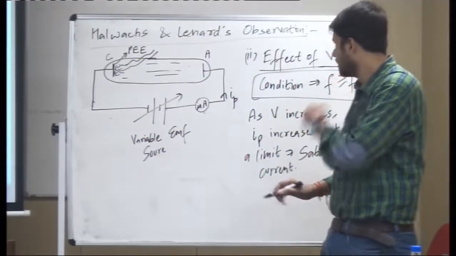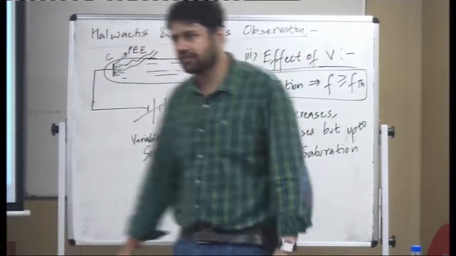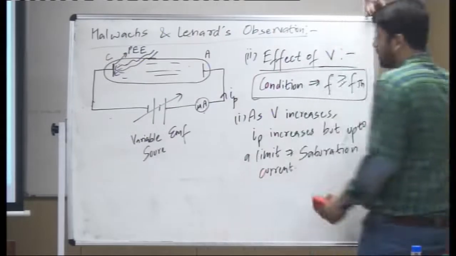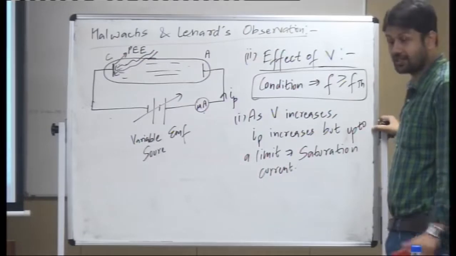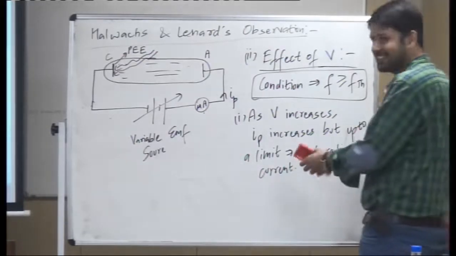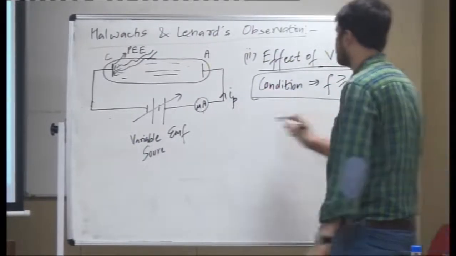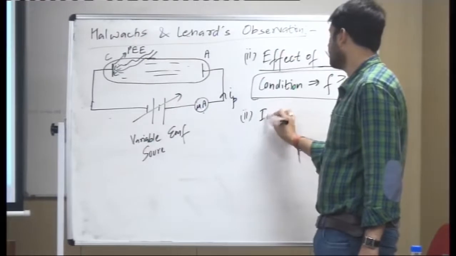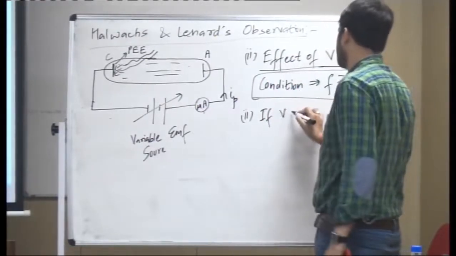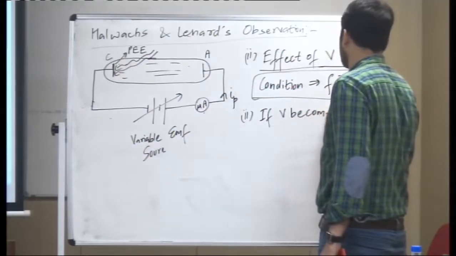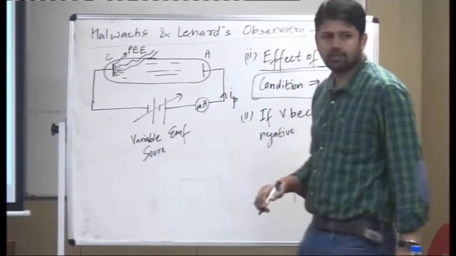This was part 1 of this effect. Part 2 of this effect would be, shall I erase? Now part 2 was this. If V is less than 0, V becomes negative. What's happening?